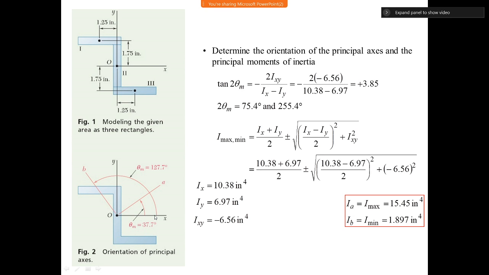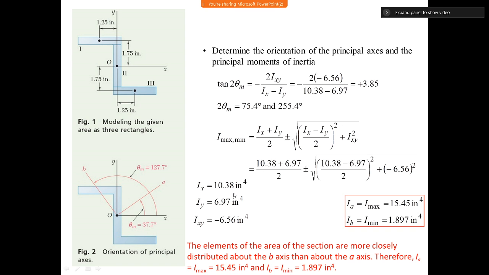When I rotate the original x-axis to axis A, about axis A you can see that the whole structure is very far away from the A axis, and therefore its I about A is maximum, which is a very high value, 15.45.